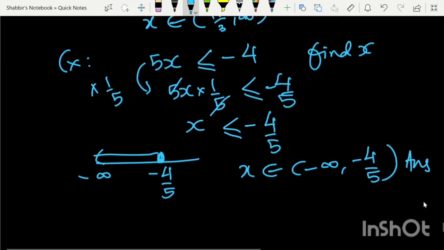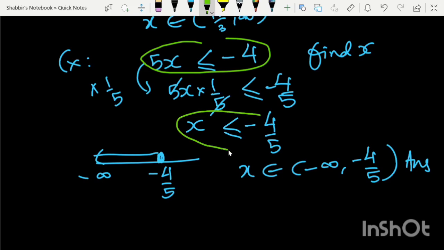Okay, so as you can see here, in this example, if you notice, from this step to this step, guys, we have shifted this 5, which was a coefficient of x, to the right hand side like this.